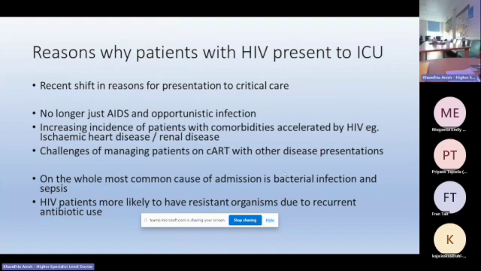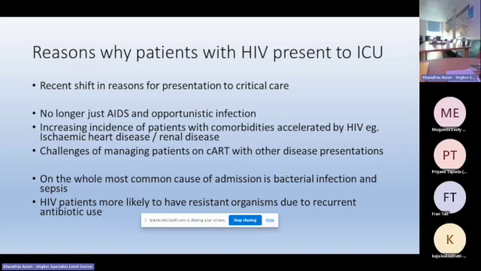It's particularly as antiretroviral therapy becomes more advanced and more patients are living with HIV, sorry, rather than coming in as a result of severe HIV and AIDS. So we're seeing an increasing incidence of patients with comorbidities accelerated by HIV. And these are things like ischemic heart disease and renal disease and cerebrovascular disease.